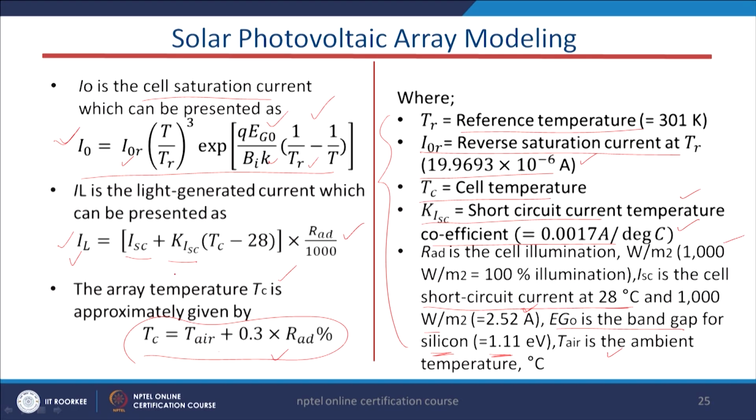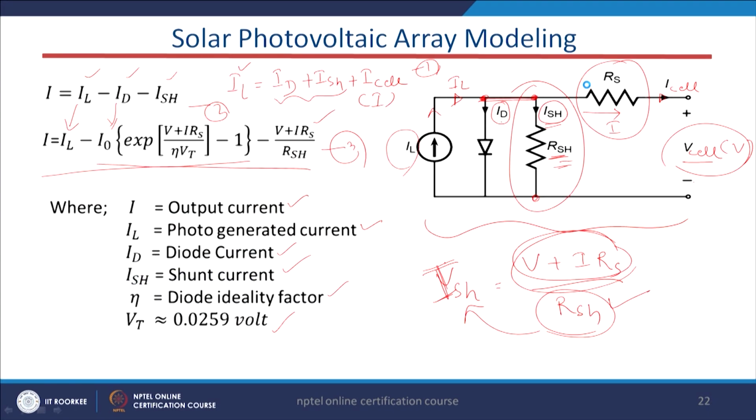This is very important. I will discuss what this short circuit current is. If we come back to this particular module, this is basically the electrical equivalent circuit of the solar cell. If we short these two terminals, the current which flows is known as the short circuit current, and if we open these two terminals, the voltage which is available is known as the open circuit voltage of the cell.